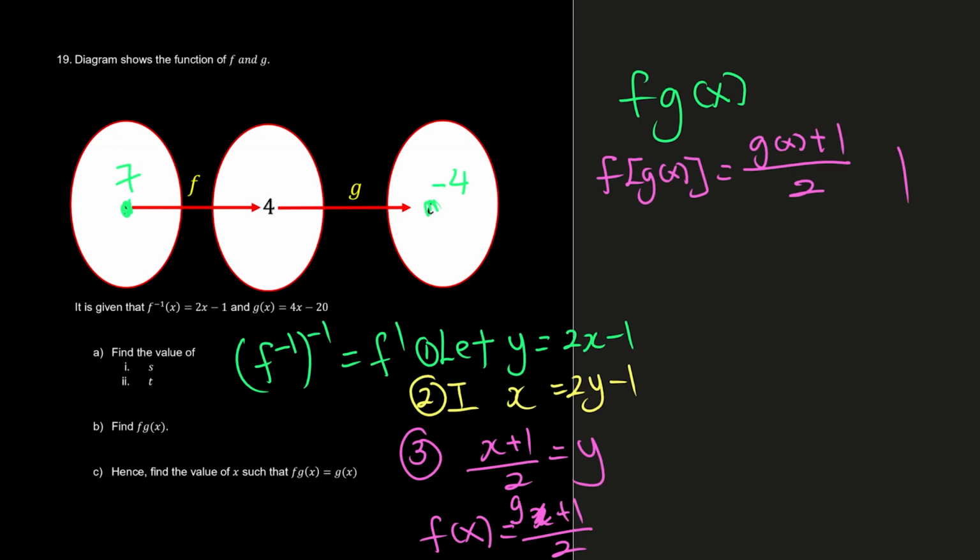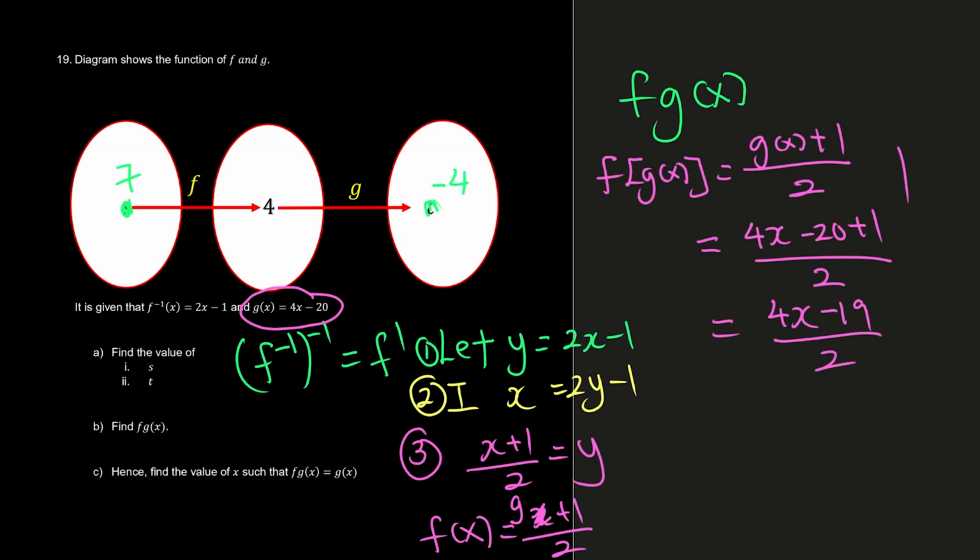Do we know the function of g(x)? Yes, they tell us in the question here. So we just substitute in. Once we have this, we compute by grouping the like terms, and we are done for fg(x), which is question B.